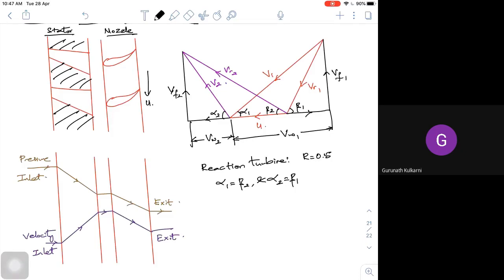If my beta 1 is equal to alpha 2, then my VR1 is equal to VR2. So for this condition, your V1 is equal to VR2 and my V2 is equal to VR1. This condition will happen whenever my R is equal to 0.5.